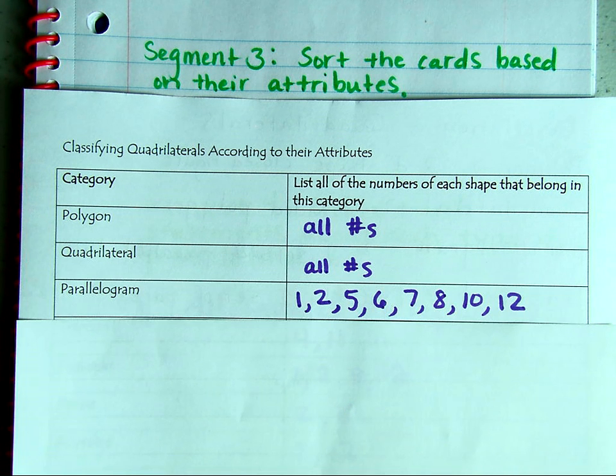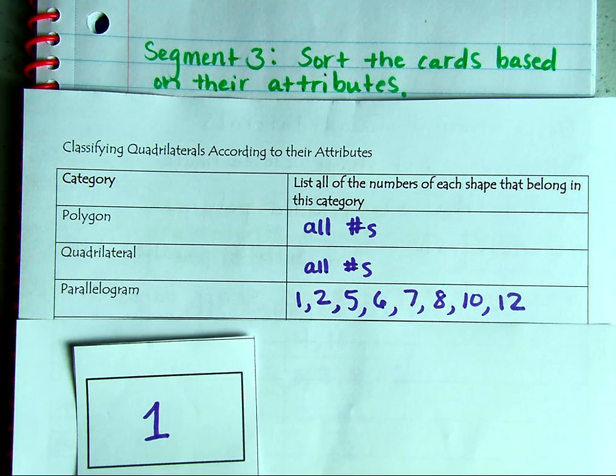You discovered that card number 1 is a parallelogram because it has 2 sets of parallel lines.